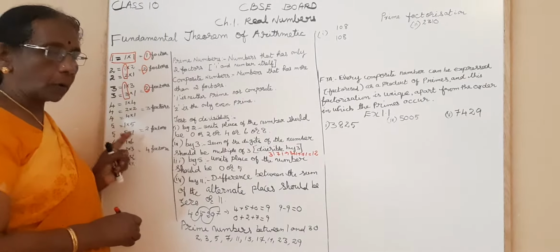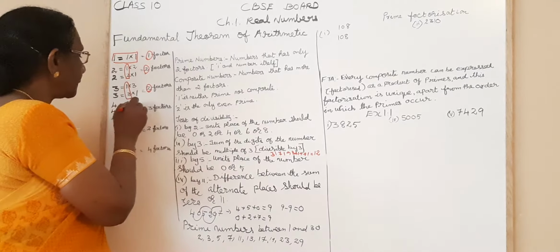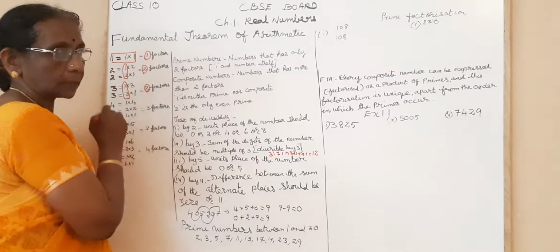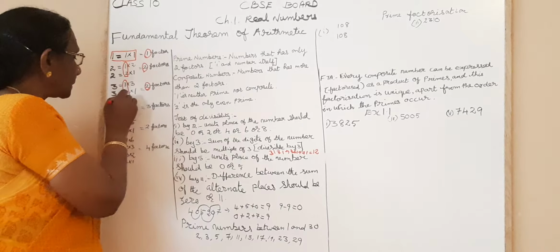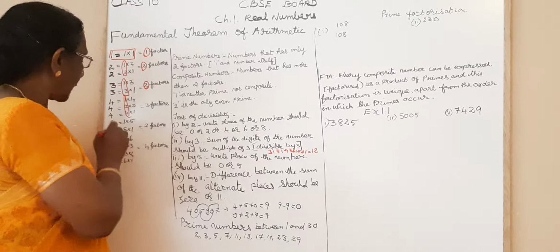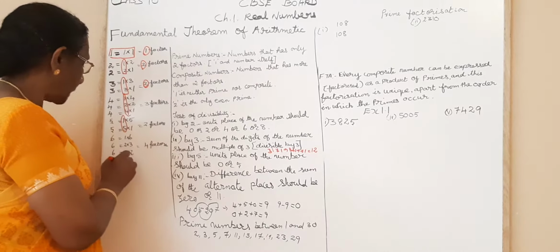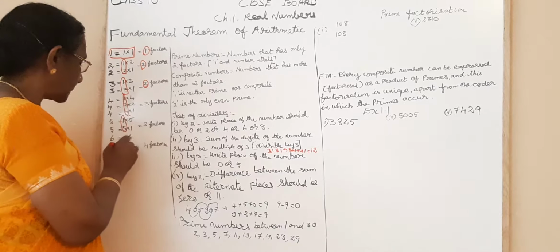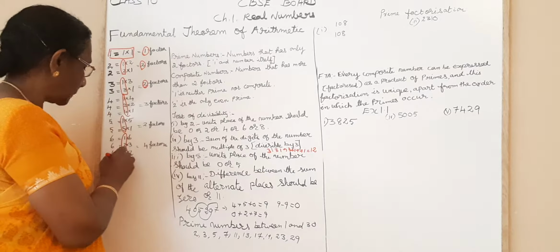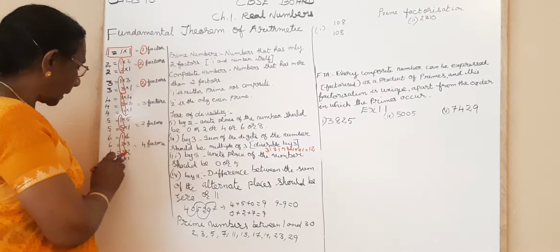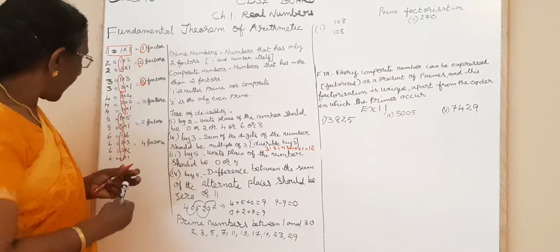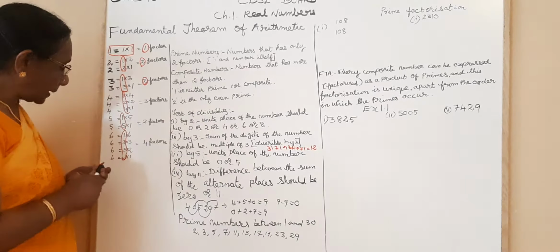And when you take 4, 1 4 is 4, 2 2s are 4, 4 1s are 4. So it has 3 factors. And 5, again it has only 2 factors. And when you take 6, how many factors? 4 factors. What are they? 1, 2, 3 and 6.